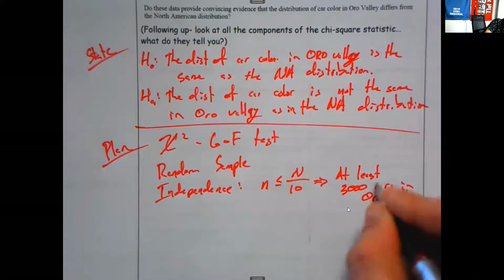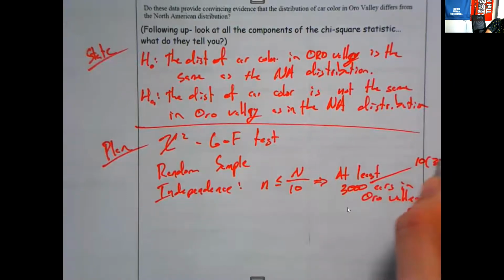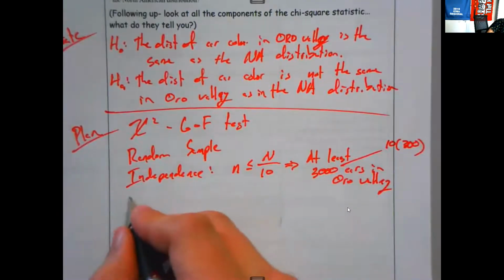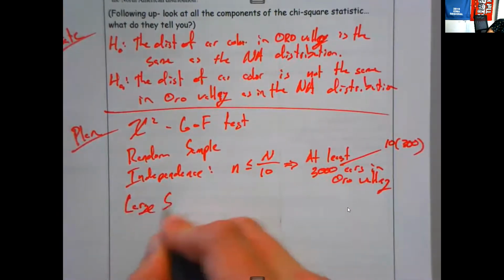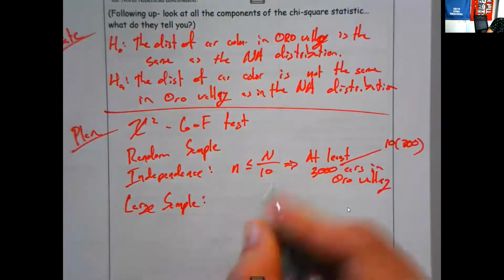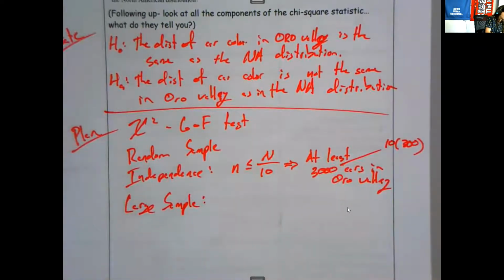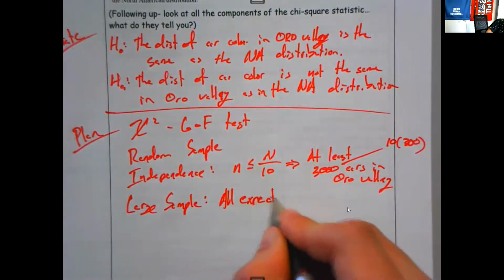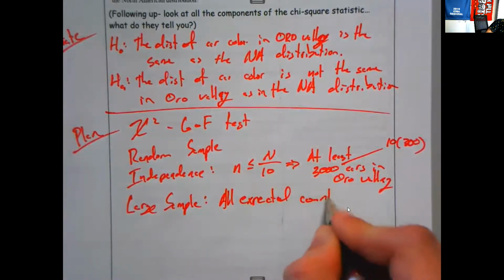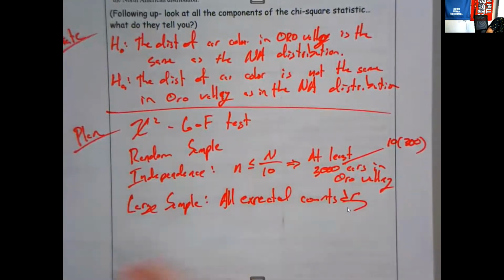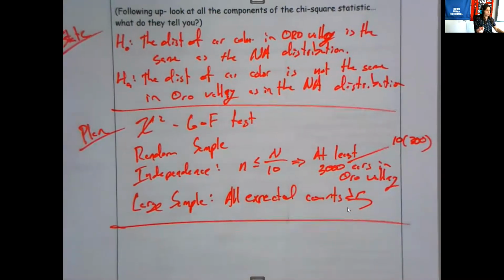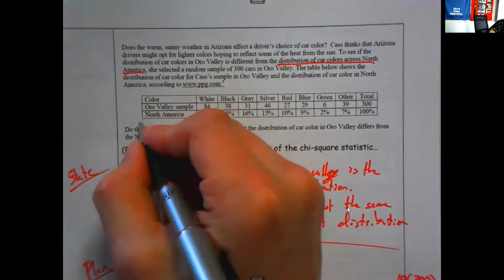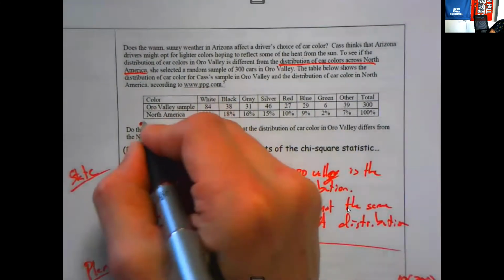Where did I get 3,000 from? 10 times 300. And we need that last condition, which is our large sample size condition. We need all our expected counts to be at least 5. So I'm going to say that all expected counts are greater than or equal to 5, but I need to show those expected counts somewhere. And this table up above gives me a pretty good place to put my expected counts.